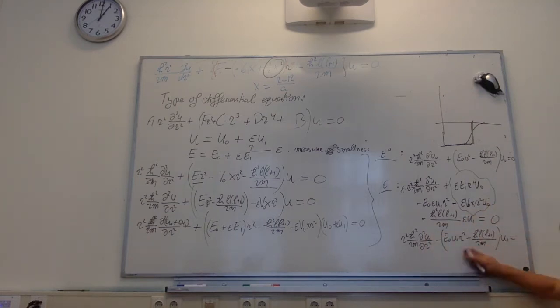That gives you E1 r squared U0 minus, should be minus here, V r squared U0. All right, there's a differential equation for you, for U1. Now, don't worry too much about this, because we fully know what that is. Once you've solved this differential equation, you get the Bessels back, so you know exactly what this is. You don't have to solve anything about it, you know what it is.